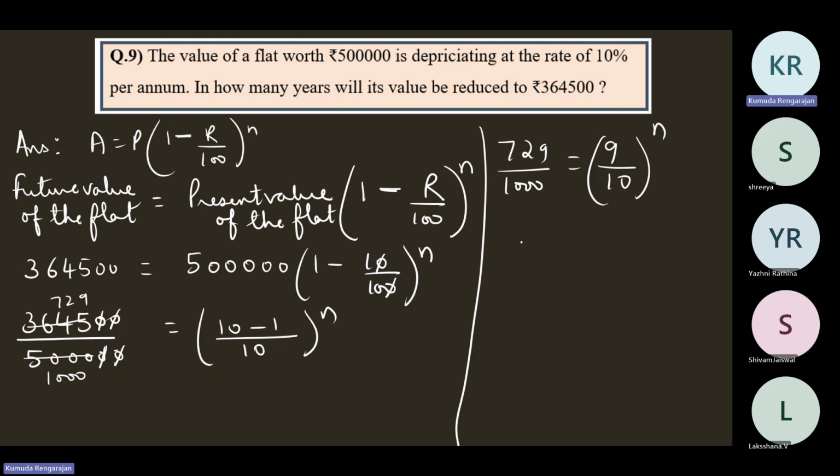You need to express this with base 9 by 10. So 9 by 10 to the power what will give you 729 by 1000? It's very easy because 10 raised to what power is 1000? 3. So 9 cubed, you can try. In case you don't know, you can just try 9 cubed, and that will give you 729.